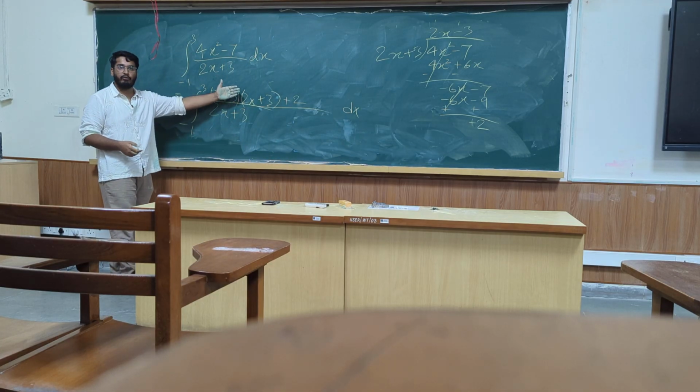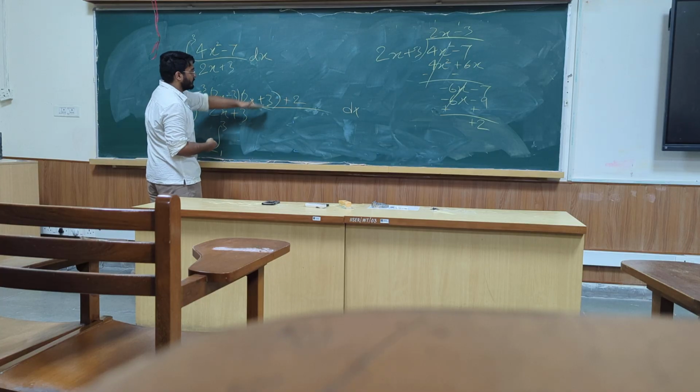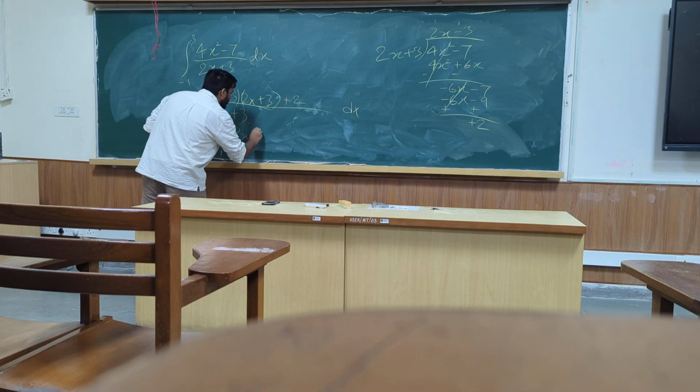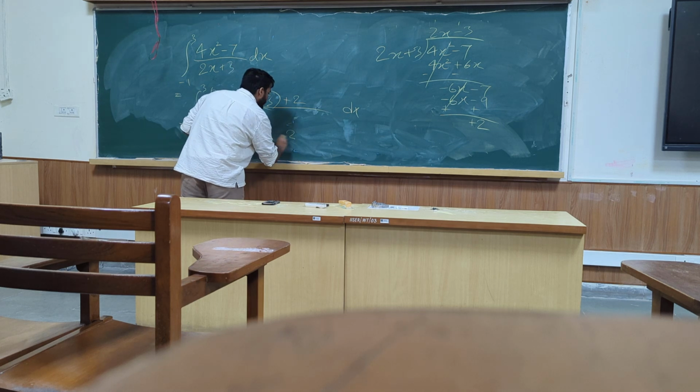Yet again a separation is performed. You have minus 1 here, you have 3 here. The 2x plus 3 is cancelled out. You are left with 2x minus 3.